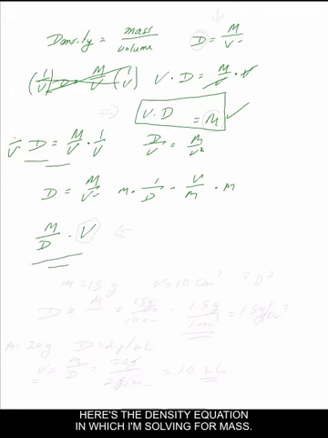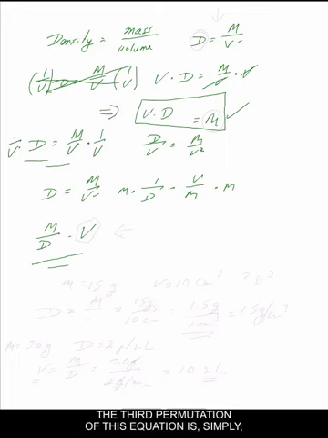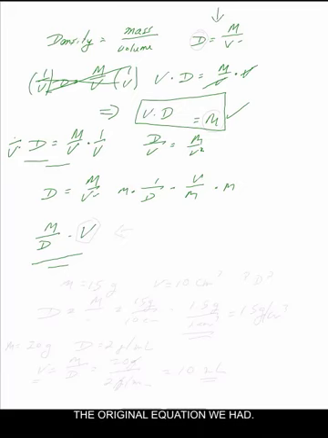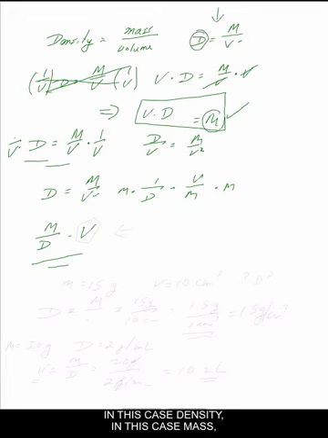In other words, here's the density equation written to solve for volume. Here's the density equation in which I'm solving for mass. The third permutation of this equation is simply the original equation we had, the definition. Any of these equations can be solved for, in this case, density, in this case, mass, and in this case, volume, by plugging in numbers.